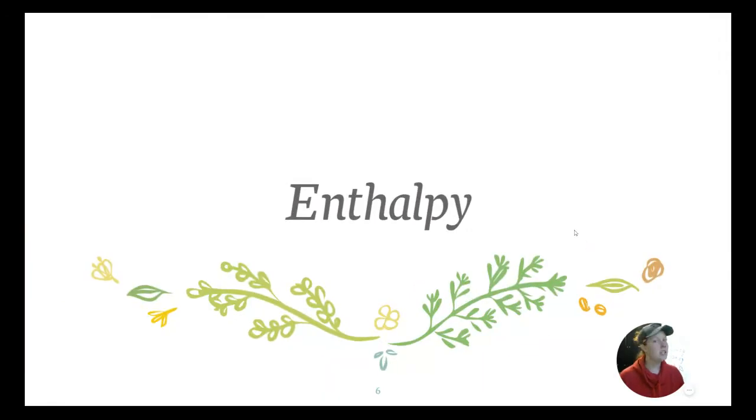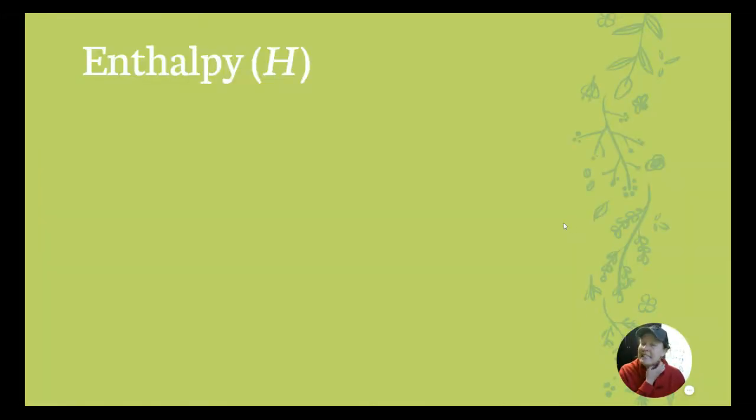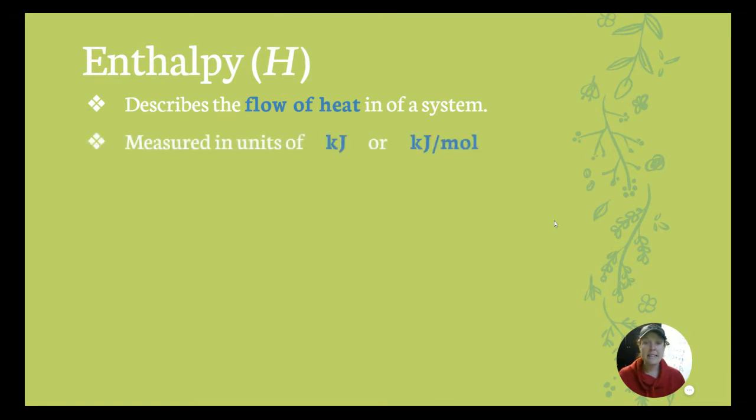Okay, so let's talk a little bit more about what enthalpy is. This is quite a long list, but hopefully you understand where I'm going with this. Enthalpy describes the flow of heat in a system. It is measured in units of kilojoules or kilojoules per mole, depending on what you're doing with that value.